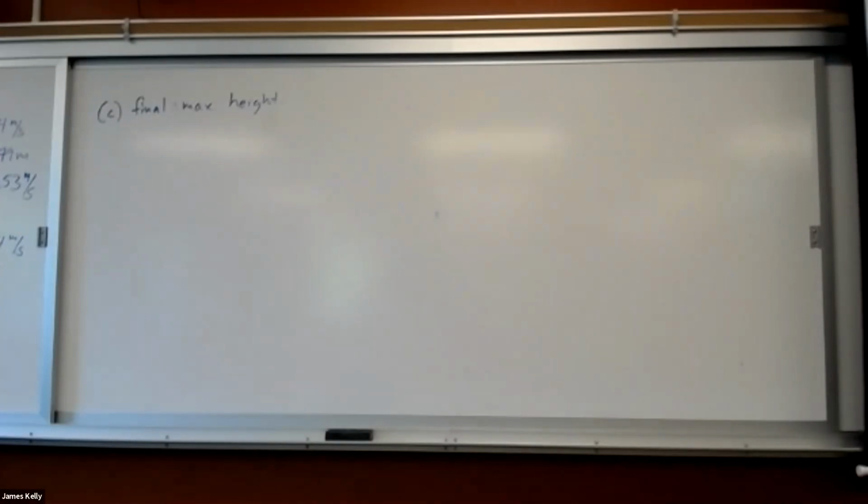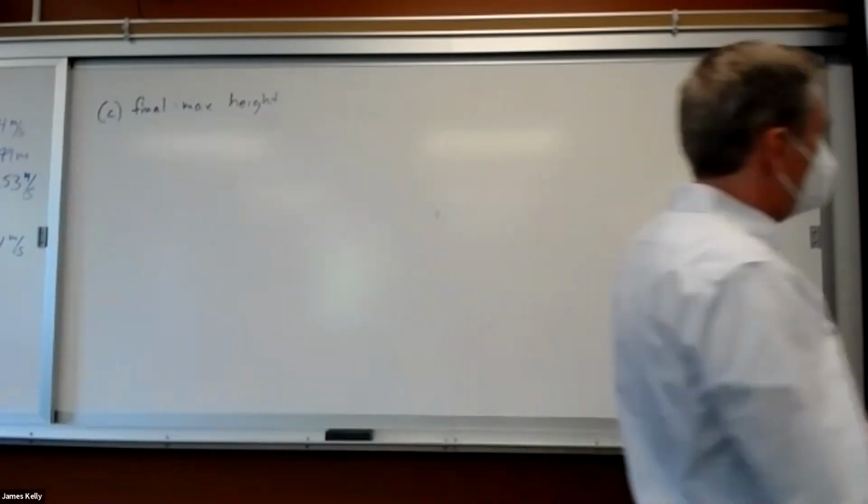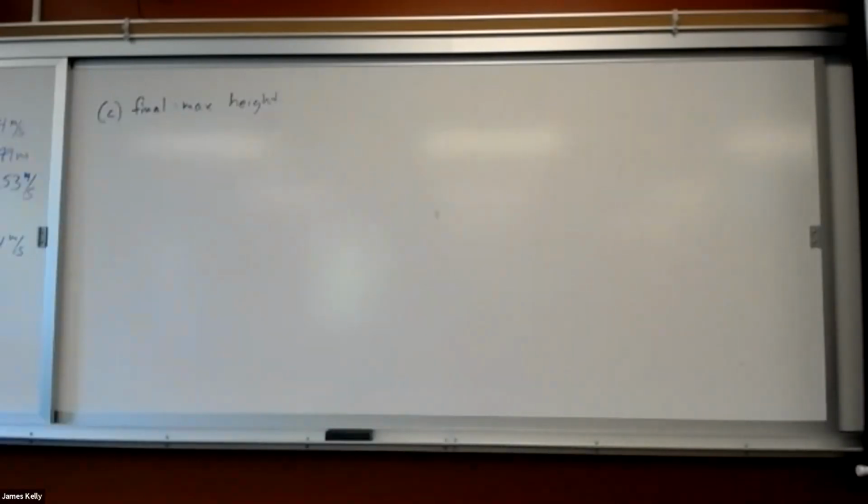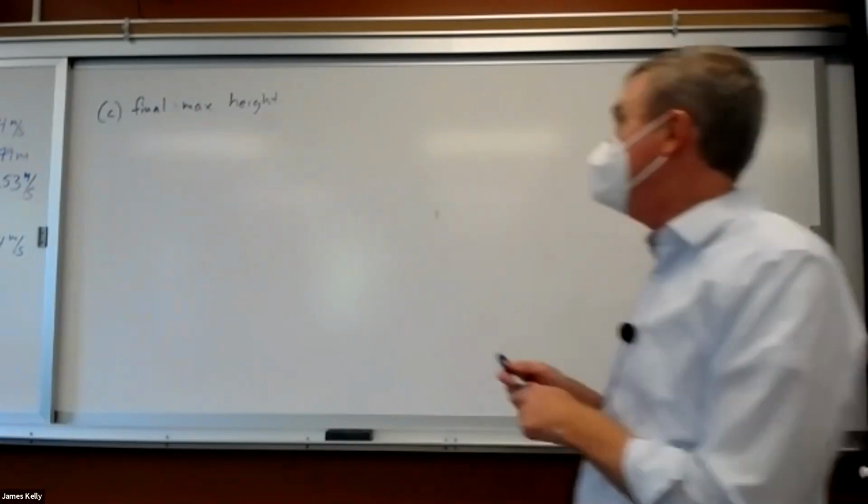It's not half of the total time we solve for because we're not talking about the same points on a symmetric parabola, right? This amount of time is going to be longer. This one's shorter, so I can't just divide by 2 here. So that equation seems like it's going to be problems for me to solve for y final. So let's go for this one because I do know something about vy final.